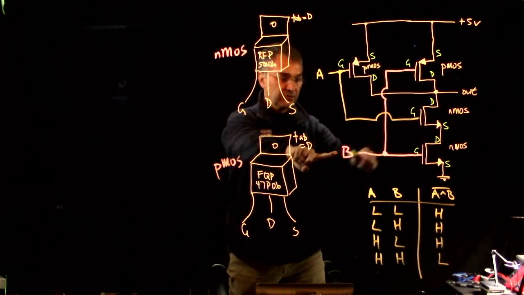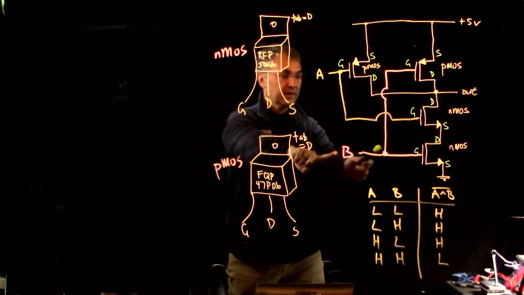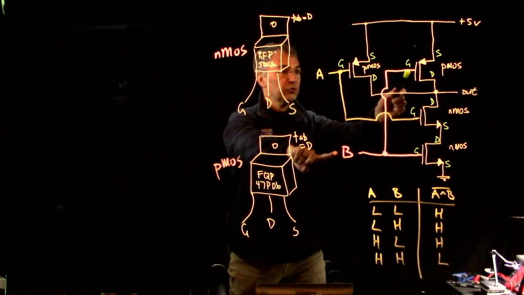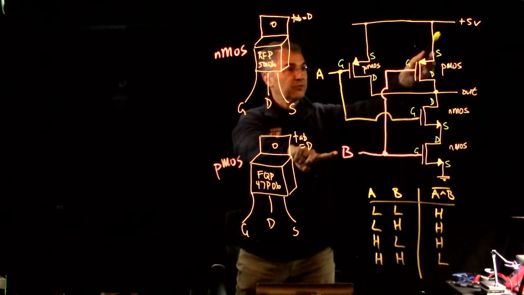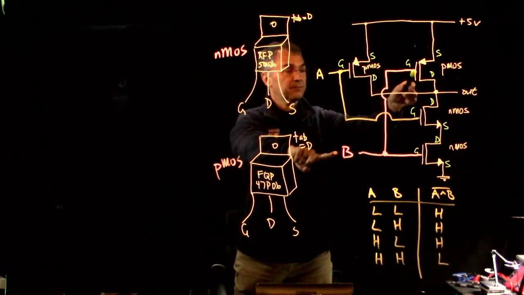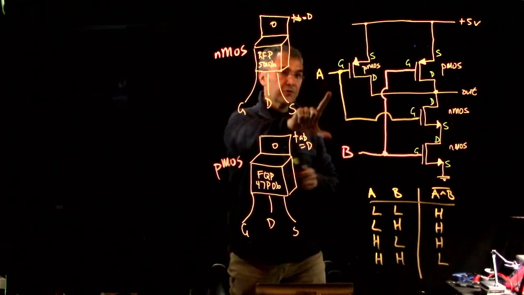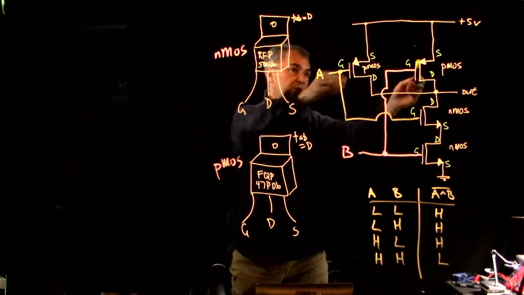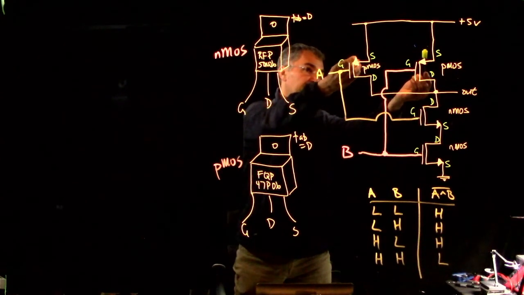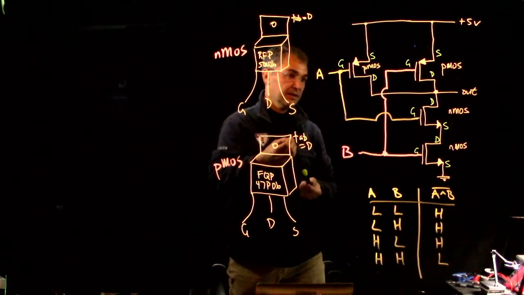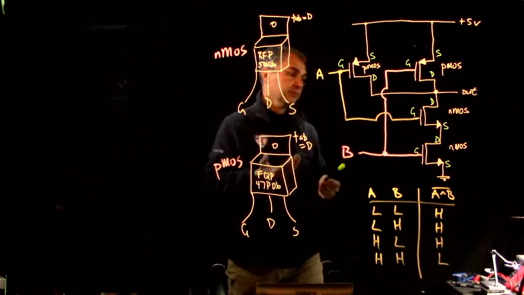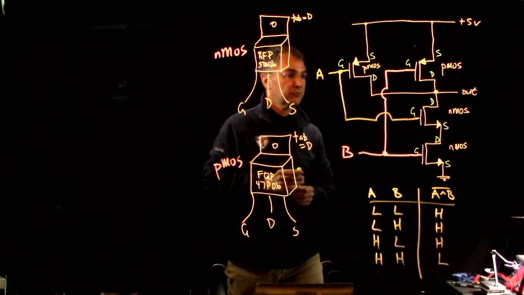So now, if this is off, then we do have a low impedance connection to +5 because this is on. Okay. So, yeah, if they're both low, you see this is on, this is also on. So we actually have in two places here a low impedance connection to +5. And meanwhile, these are both off. They're in series with each other, so it would suffice for one to be off, but they're both off.